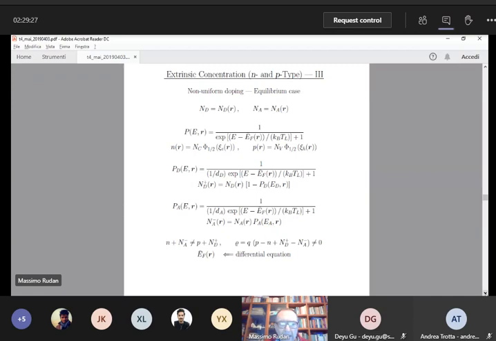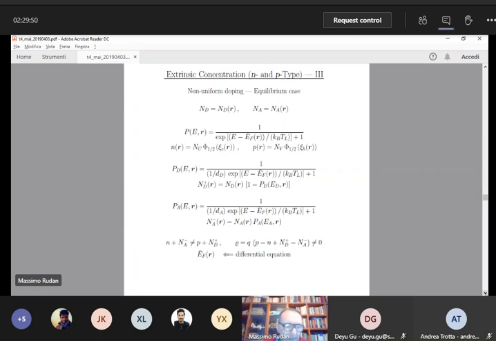And similarly, the concentration of the acceptor atoms is also given as a function of position, okay? Since we are in the equilibrium case, we expect that we can still use the Fermi statistics. This is true.